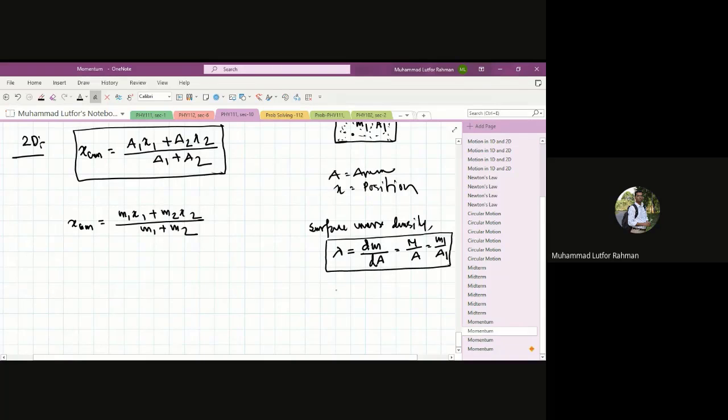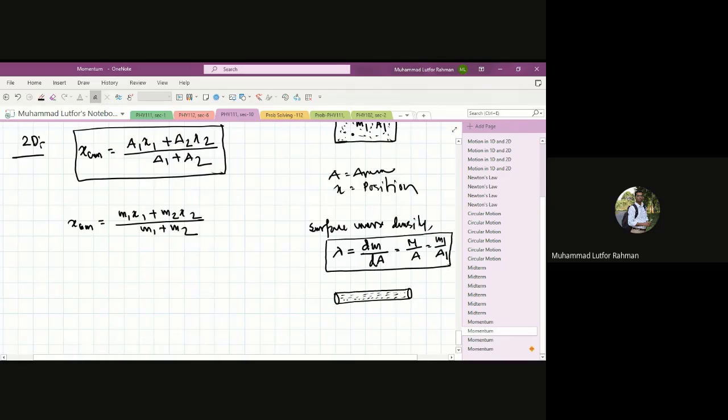Homogeneous distribution means, say if I draw an object, 3D would be easier for you. I will also talk about 3D. Say this is a rod with uniform distribution of the mass. Then the mass will be distributed uniformly throughout that region.